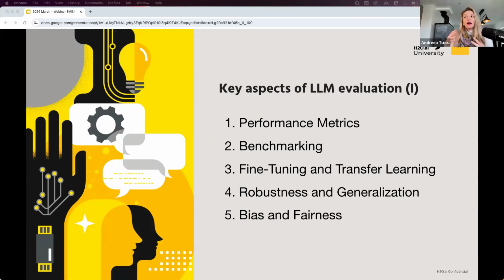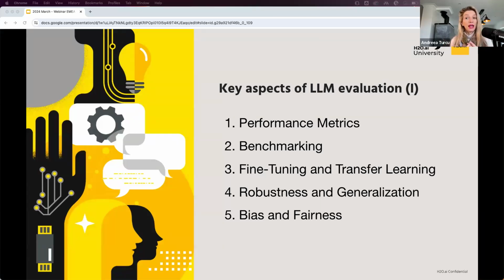We are going to see them in the tool, but conceptually speaking, you might be interested in performance metrics. When you create your machine learning algorithm, you want to determine which metrics are relevant for your task, such as accuracy, fluency, coherence, and relevance.